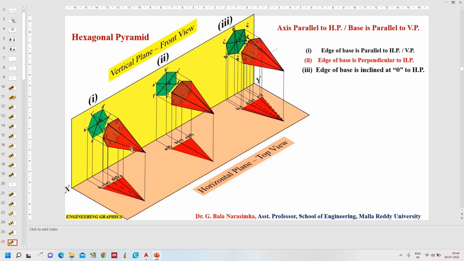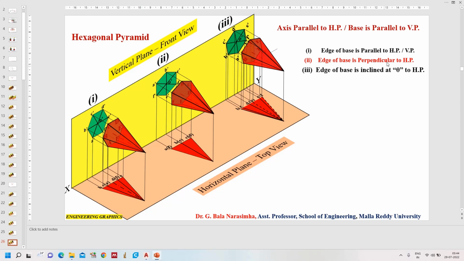And this says the axis of the pyramid is parallel to the horizontal plane. You can see the long dash short dash line, the center line, which is parallel to the horizontal plane. Otherwise we can term it as the axis is perpendicular to the vertical plane.